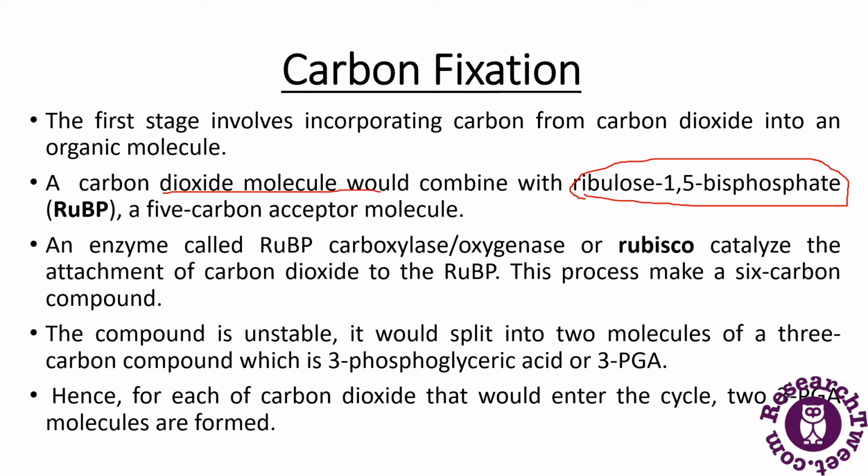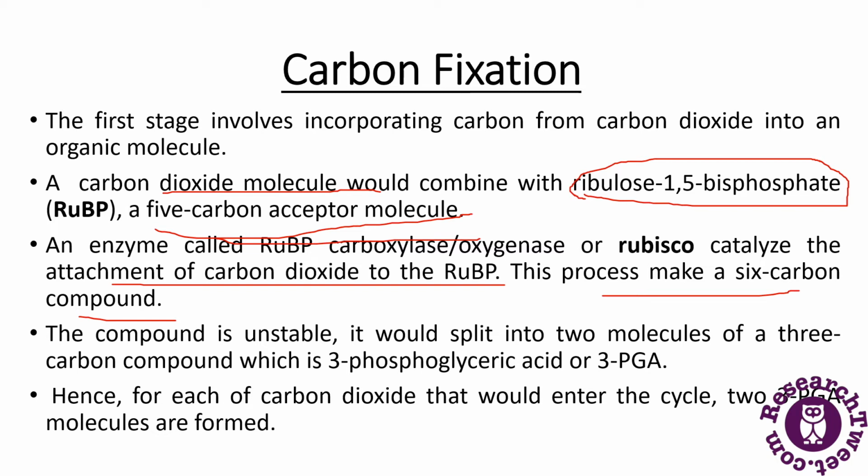The carbon dioxide combines with this RuBP, and an enzyme called RuBP carboxylase oxygenase, or Rubisco, catalyzes the attachment of carbon dioxide to RuBP. This process makes a 6 carbon compound. Earlier it was a 5 carbon compound, so when the enzyme acts on this, it makes a 6 carbon compound.